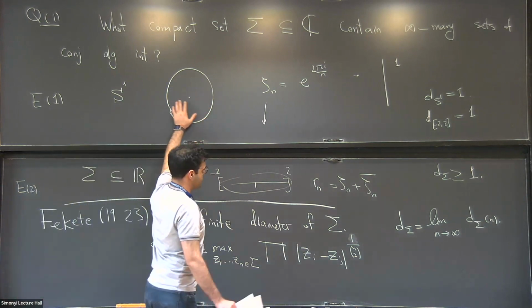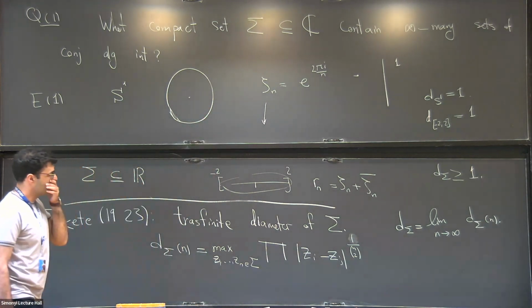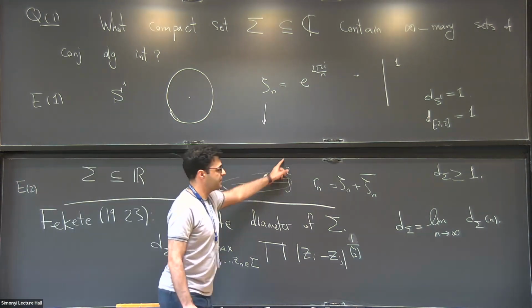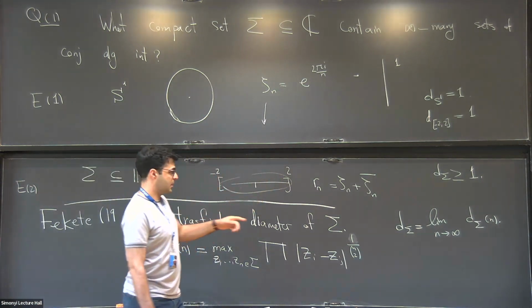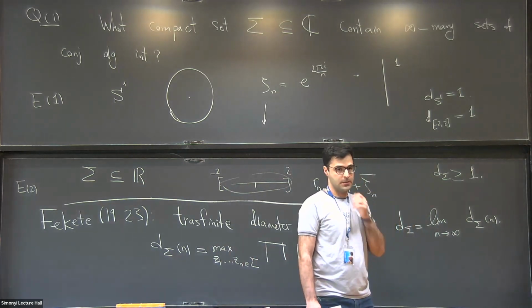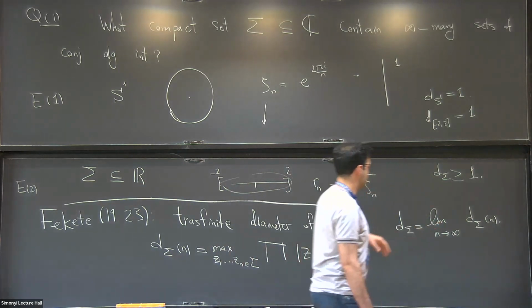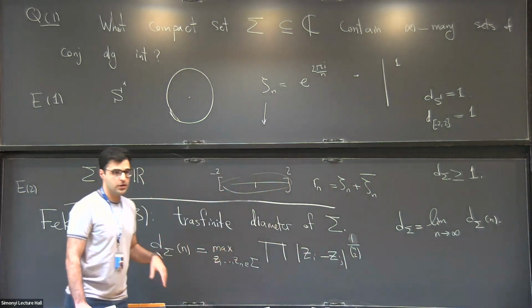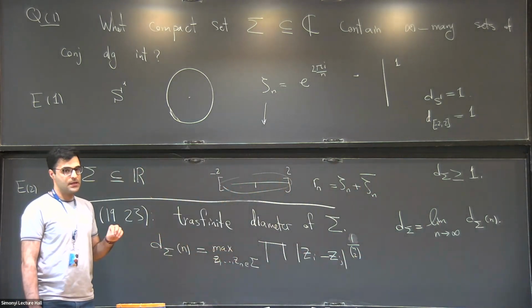In this case, you also have a unique measure. And in fact, when sigma is 1, you always have a unique measure.